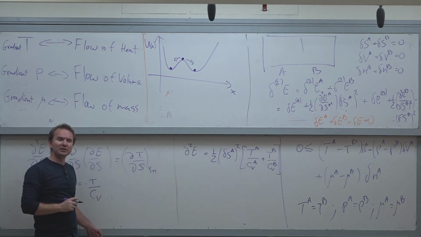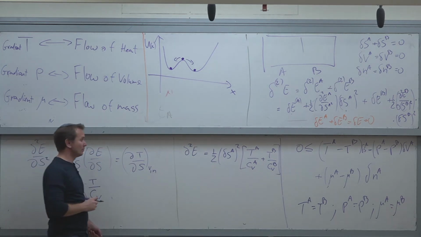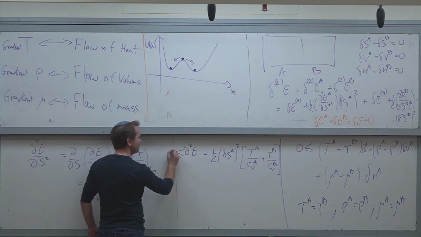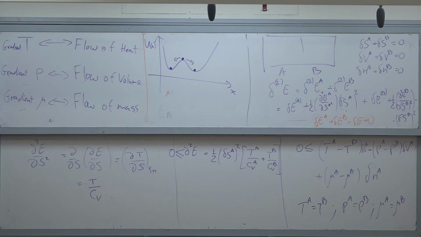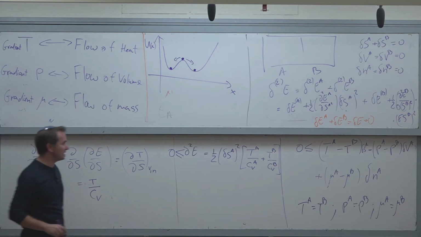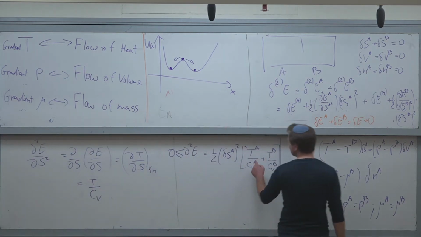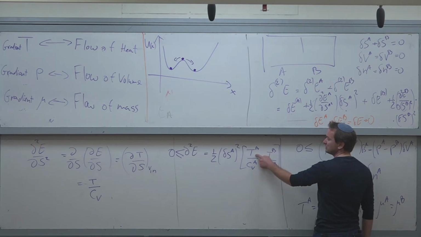We want to obtain conditions for stability. This means that this guy is also positive. If this guy is also positive, we have to state something about these quantities inside.